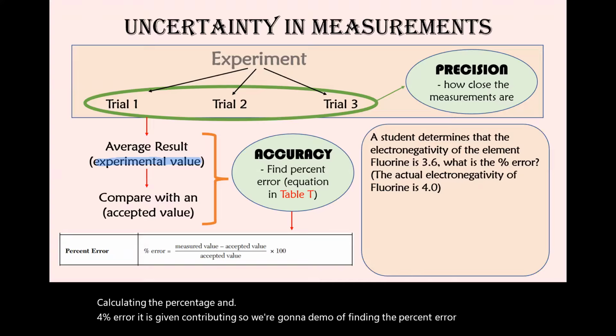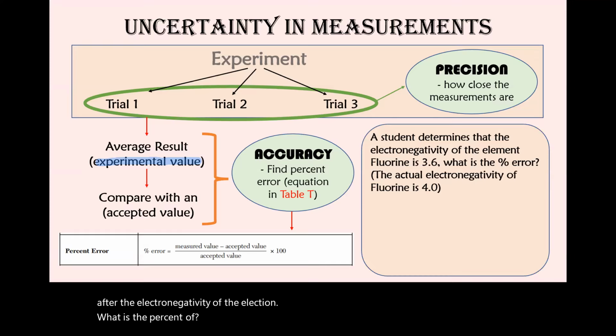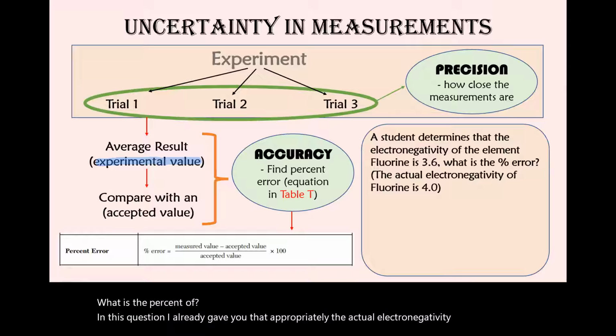Let's say a student determines the electronegativity of the element fluorine to be 3.6. What is the percent error? In this question, I already gave you the actual electronegativity of fluorine as 4.0.